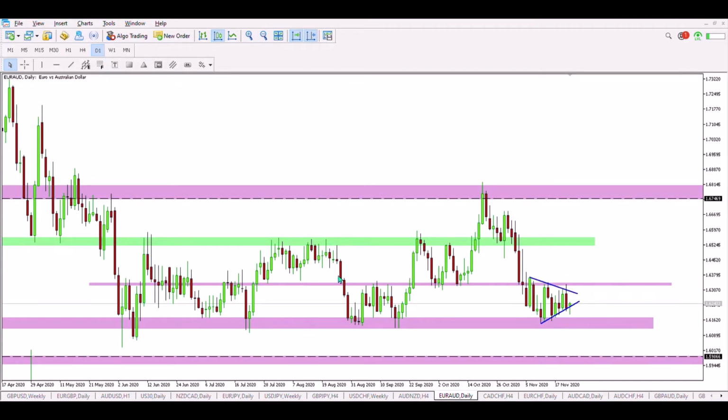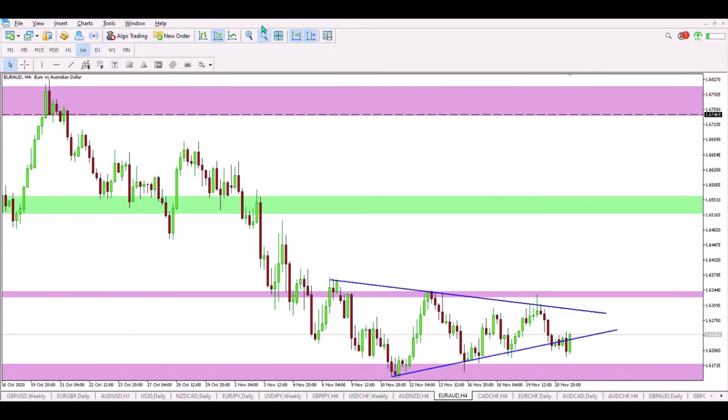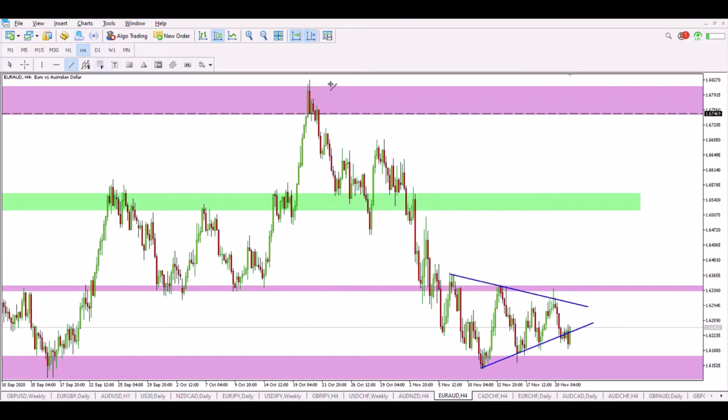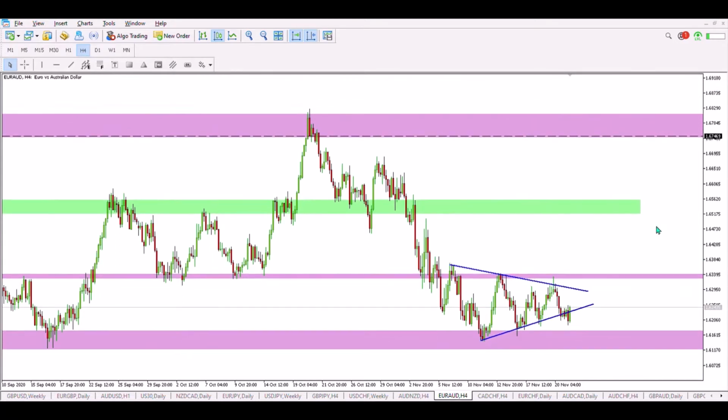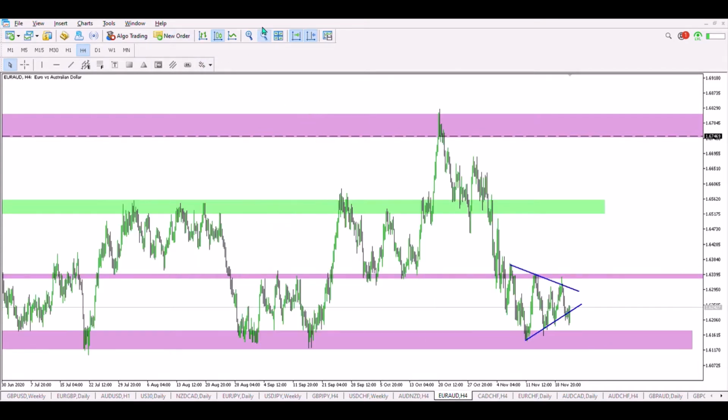Now I have marked a few interesting zones of support and resistance, and on the 4-hour we can see that after this bearish trend we have the so-called triangle pattern, or a symmetrical triangle pattern, which can result in a continuation to the downside or a pullback for a correction.